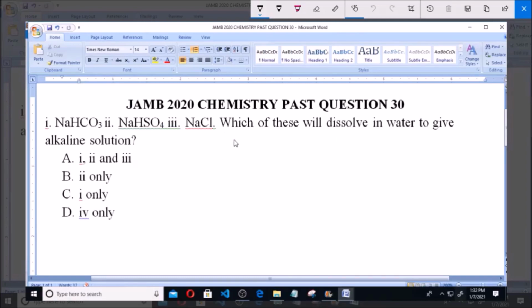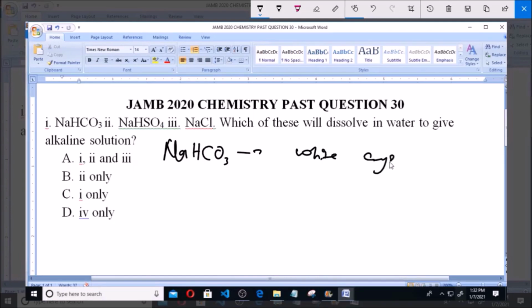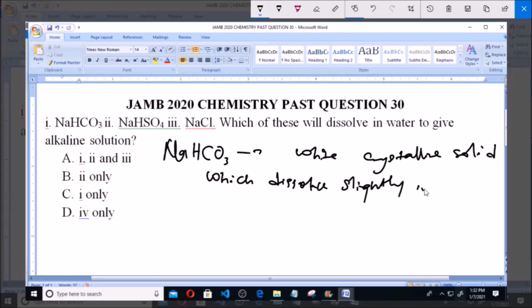Now, let's look at sodium Hydrogentrioxocarbonate 4, NaHCO3. Now, NaHCO3 is a white crystalline solid which dissolves slightly in water to give an alkaline aqueous solution.